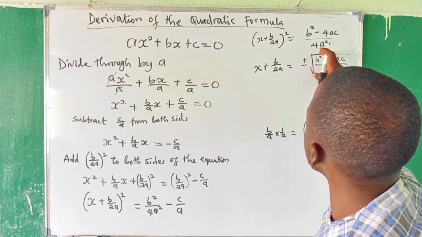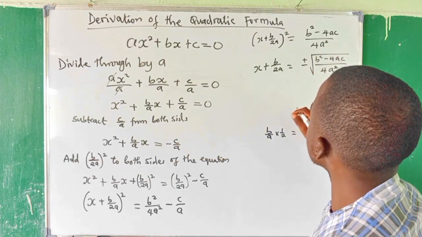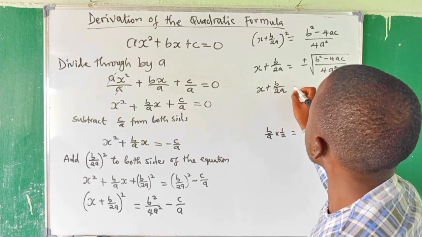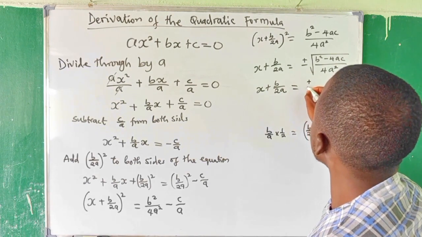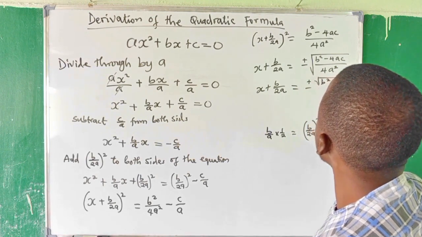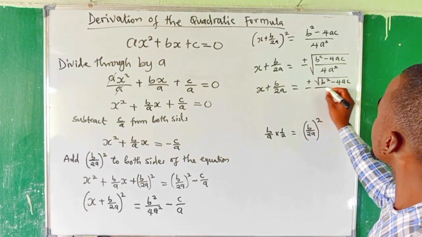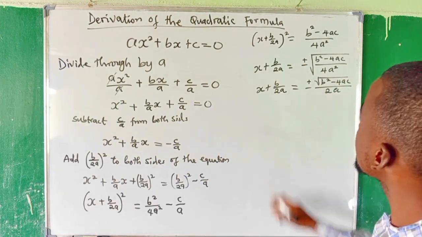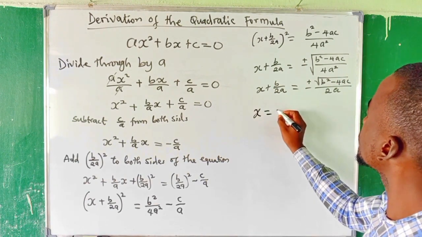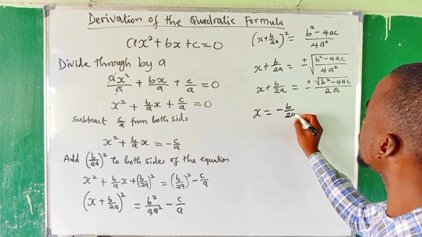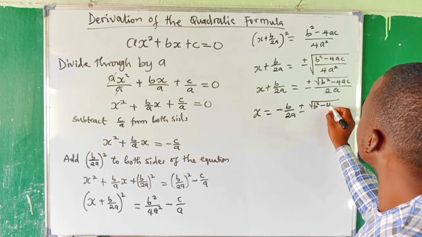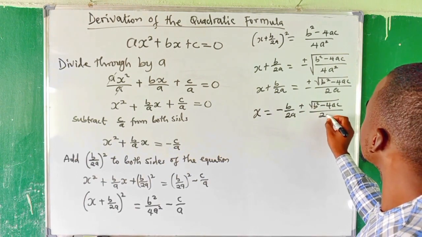Now taking the square root of the numerator and the denominator, we have x plus b all over 2a is equals to plus or minus square root of b squared minus 4ac divided by 2a. We now subtract b all over 2a from both sides. That gives us x equals to minus b divided by 2a plus or minus square root of b squared minus 4ac all divided by 2a.